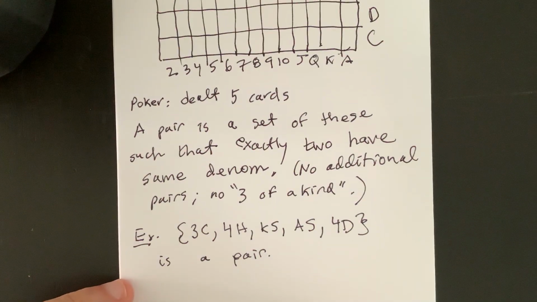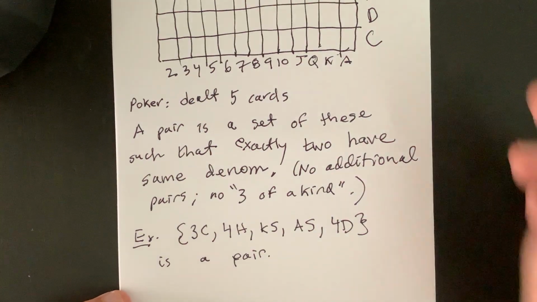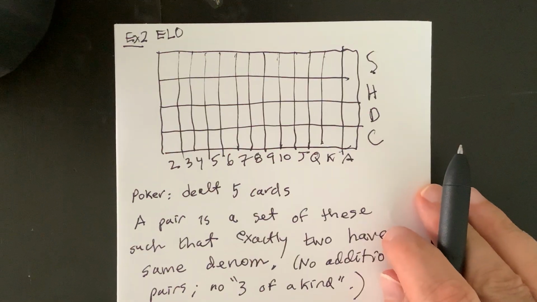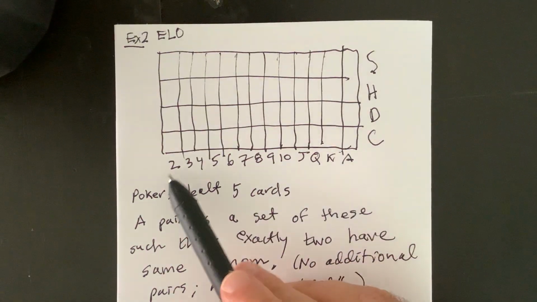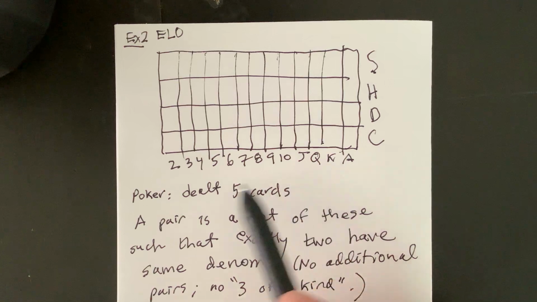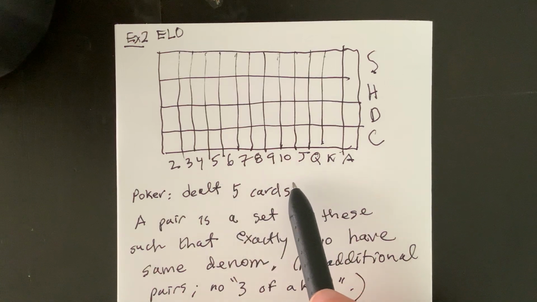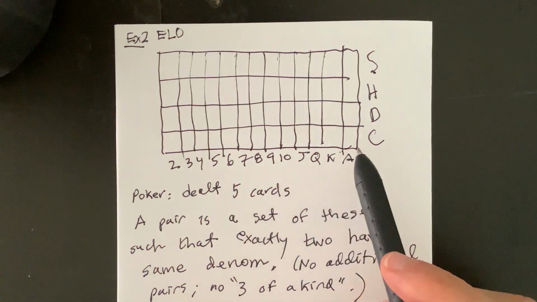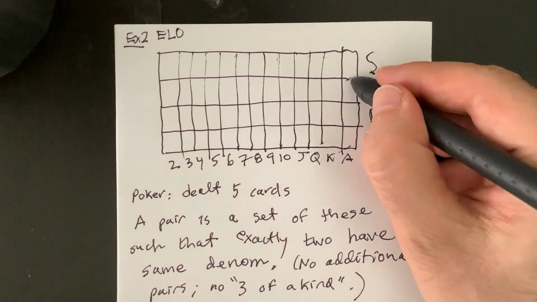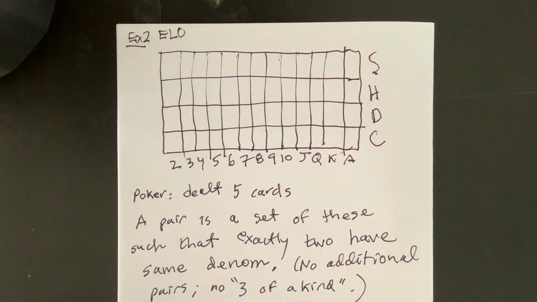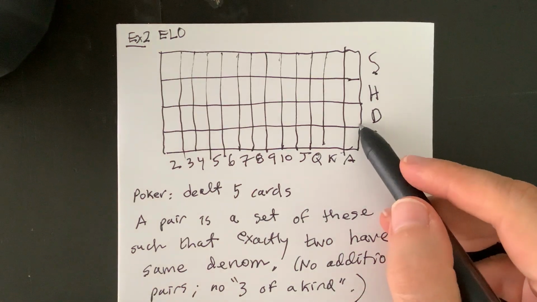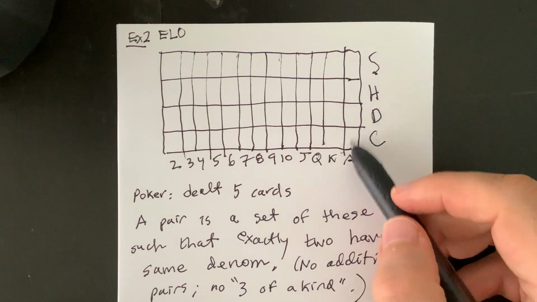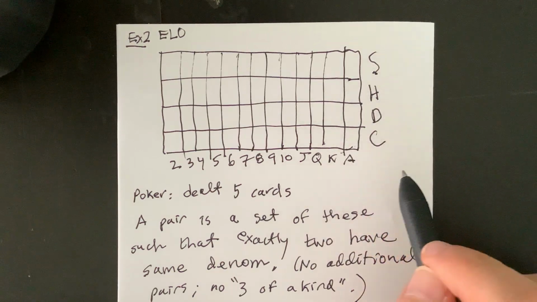So you can see up here how many pairs there are. There are 13 denominations, so for each denomination I can have several pairs. And how many pairs can you have? Well, there's four suits, so you could have 4 choose 2, or six pairs, with any one. Like you could have ace of clubs, ace of diamonds, ace of clubs, ace of hearts, etc. There's six for the ace, six for each.